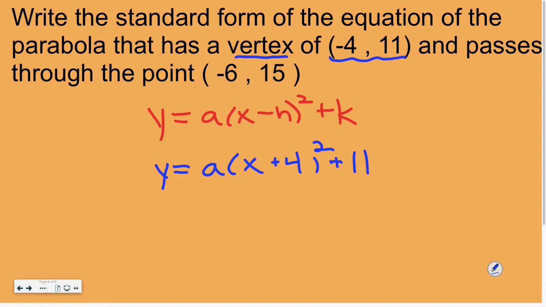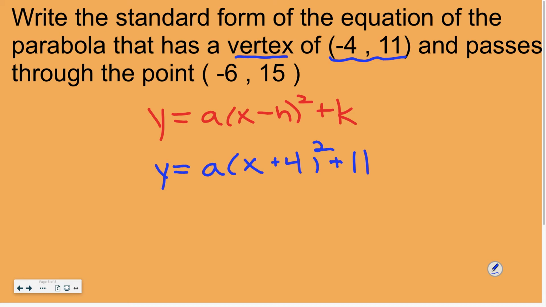Okay, well, we have a good start. So we need to know a. We could put that on a graph and then put the other 2 points on to figure out if it's positive or negative. Okay, so graphically we can figure out if this opens up versus opens down.